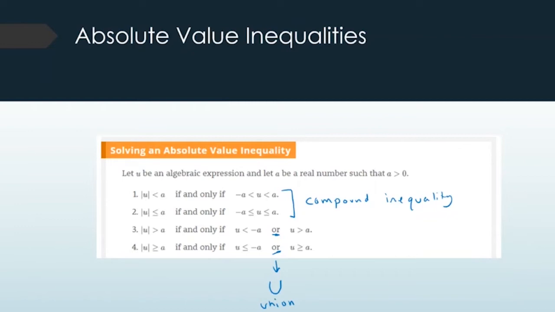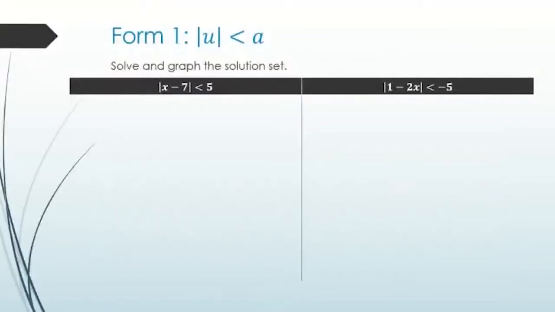So I've got examples going through all four of these possibilities here. So I'm going to just start from the top one and go down. So form one, absolute value of something is less than a number, essentially, or less than something else. So I've got two examples here. So the first one here, absolute value of x minus 7 is less than 5.